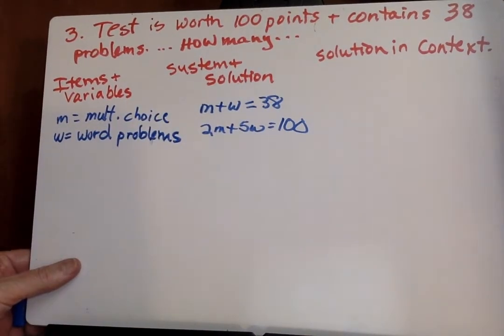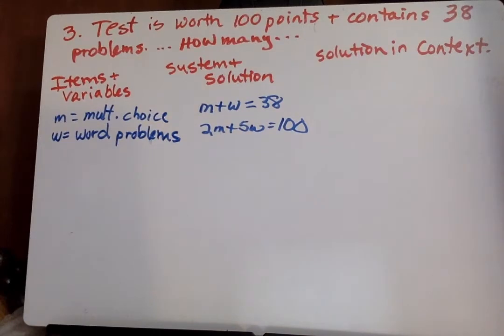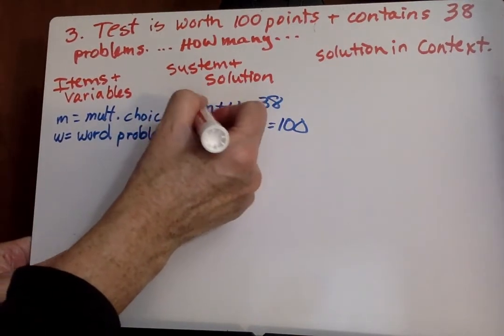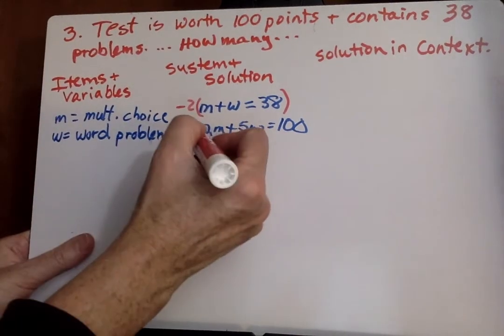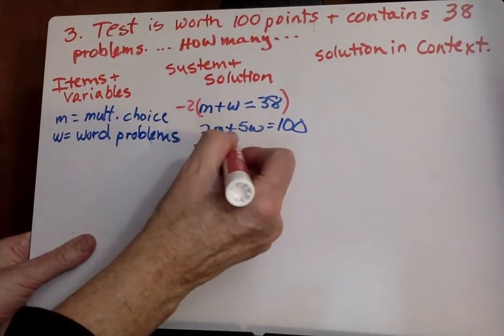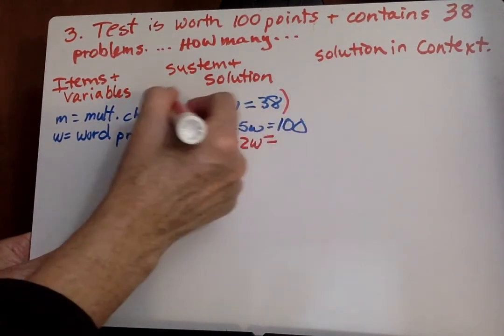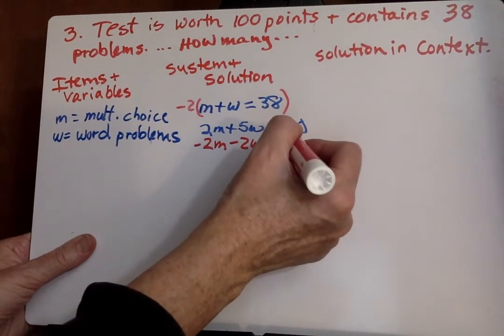We're going to solve this by elimination. So I'm going to multiply this first one, because I'm going to decide to get rid of the M's, by negative 2. When I do that, negative 2 times M is negative 2M, negative 2 times W is negative 2W, negative 2 times 38, is it 76?